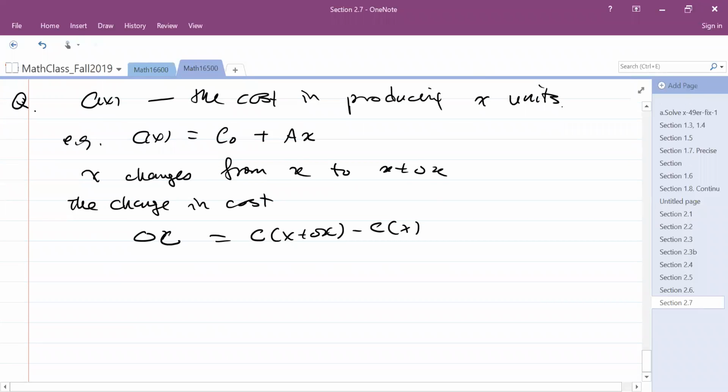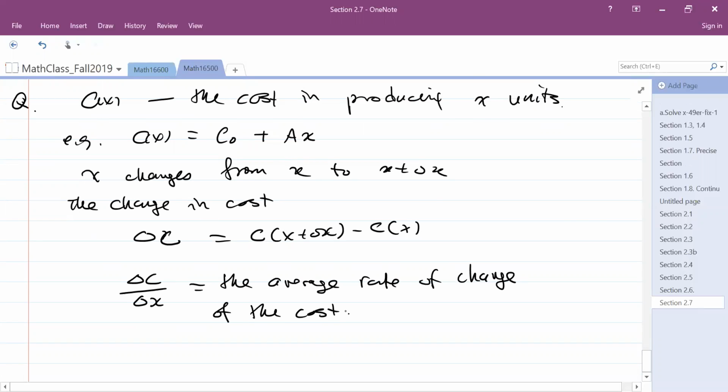And of course, we want to know the ratio. This ratio is really the average rate of change of the cost.